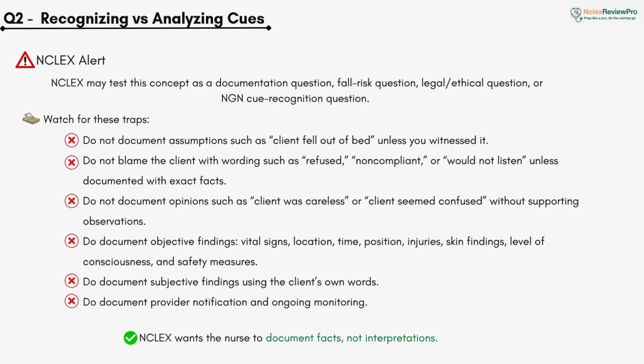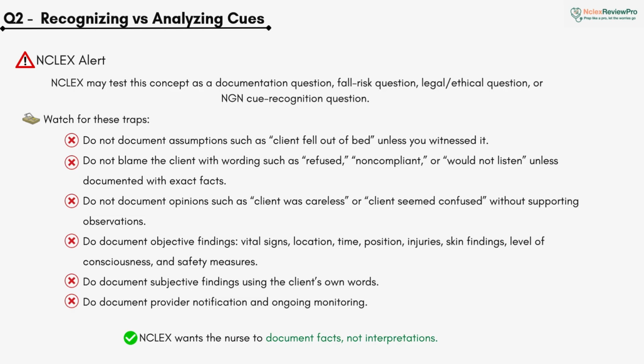Watch for these traps. Do not document assumptions such as client fell out of bed unless you witnessed it. Do not blame the client with wording such as refused, non-compliant, or would not listen, unless the charting includes exact facts. Do not document opinions such as client was careless or client seemed confused without supporting observations.